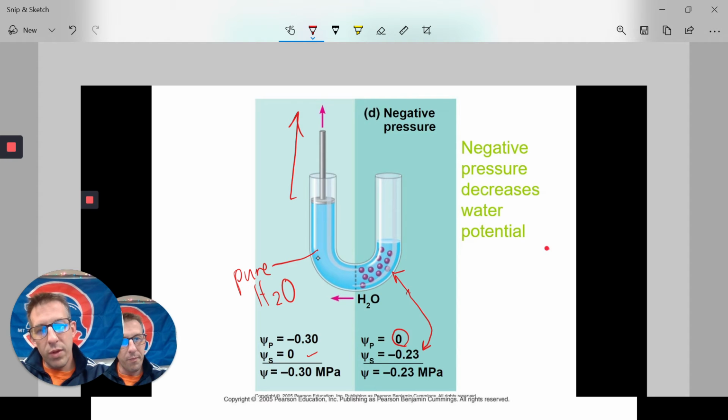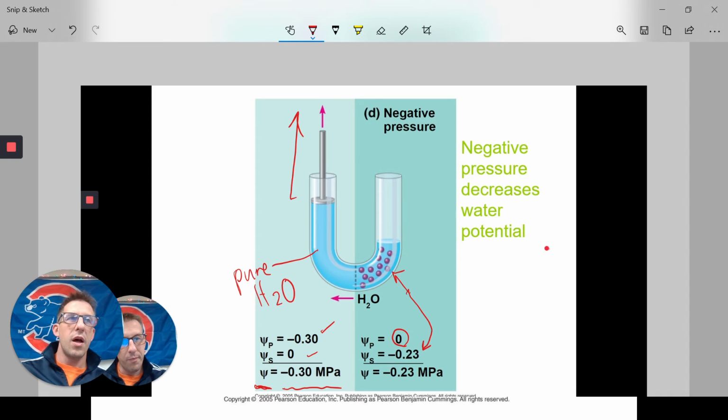When we pull up on this plunger, it produces a pressure potential of negative 0.3. So we add those two figures together, negative 0.3 plus 0, and we get an overall water potential of negative 0.3.